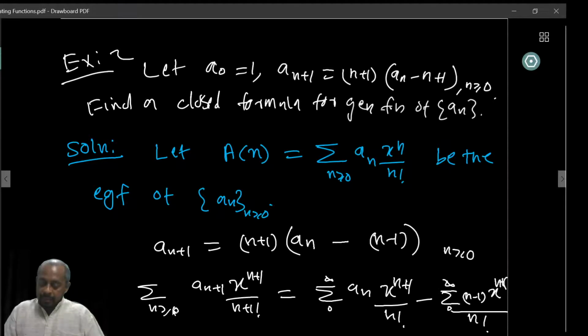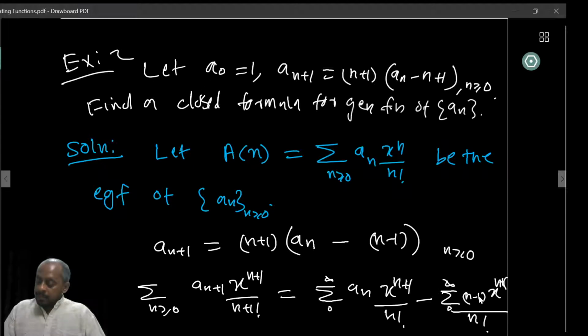So summation n greater than or equal to 0, (n plus 1) a_(n+1) x raised to n plus 1 by (n plus 1) factorial is equal to summation, because of the n plus 1 outside here, that gets cancelled with n plus 1 factorial. So you will get n into x raised to n plus 1 by n factorial minus summation 0 to infinity (n minus 1) into x raised to n plus 1 by n factorial.